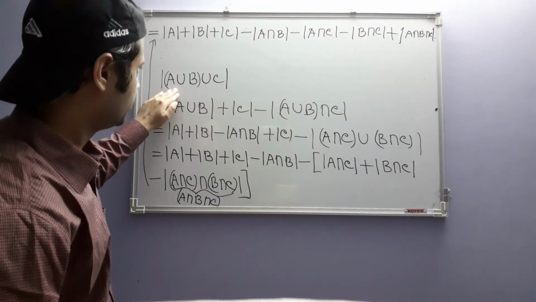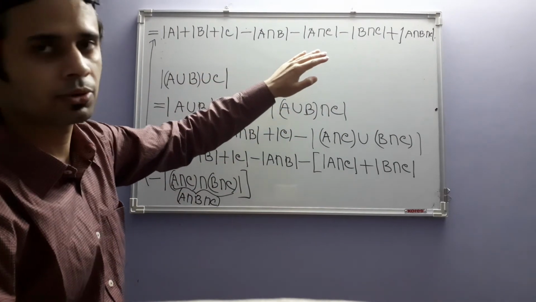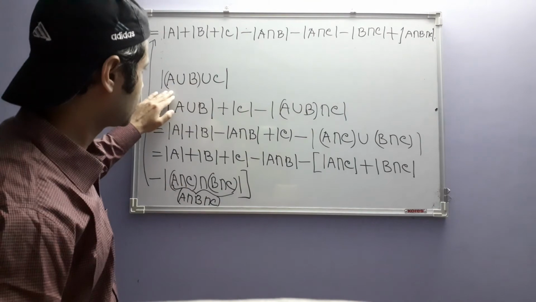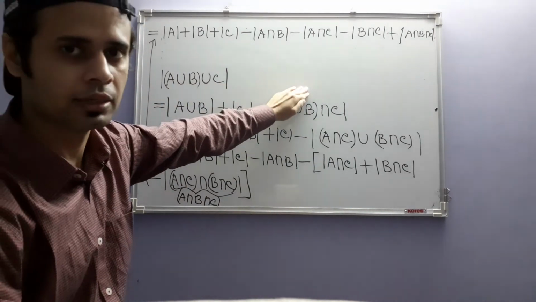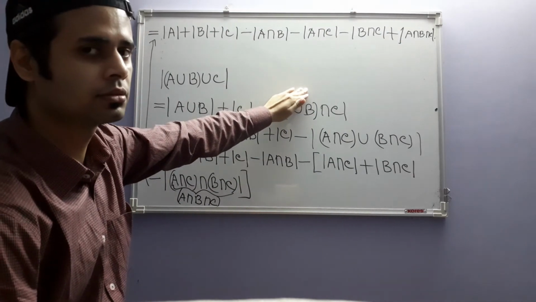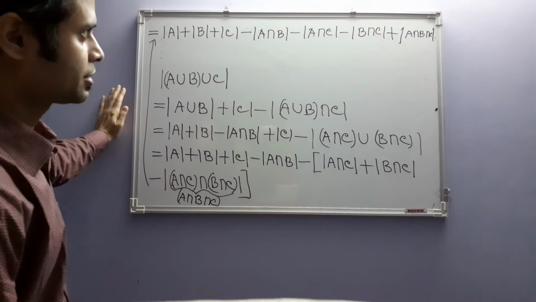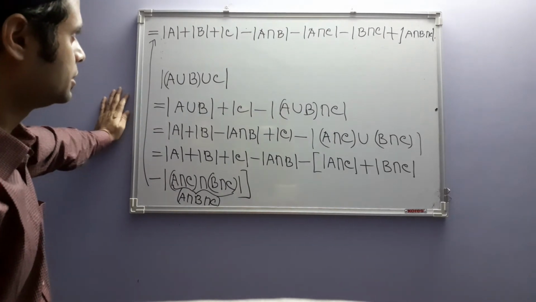Okay. You can increase the number of sets even more. The formula will get more and more complicated. In fact, you can write a formula having any number of sets, but that is less used. I mean, as far as application goes, this is the limit.